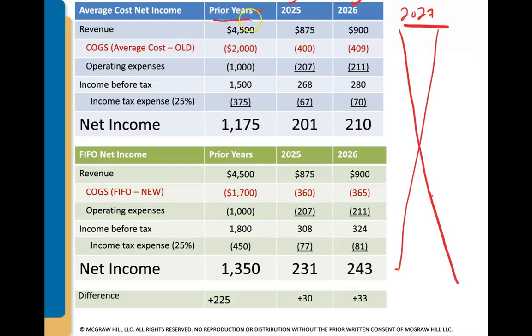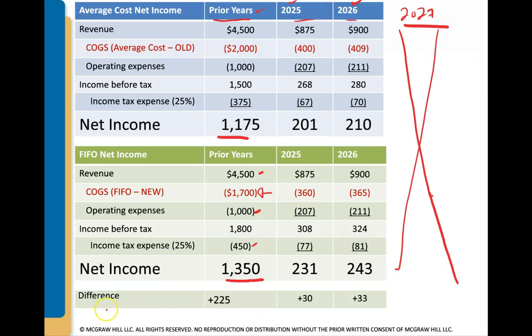So here's our net income for prior years, 25 and 26, under the old method. That's this blue table. And under the green method, the only thing that's changed is the cost of goods sold. We still have the same revenue, same operating expenses. Income tax expense will change because our income before tax has changed because our cost of goods sold has changed.